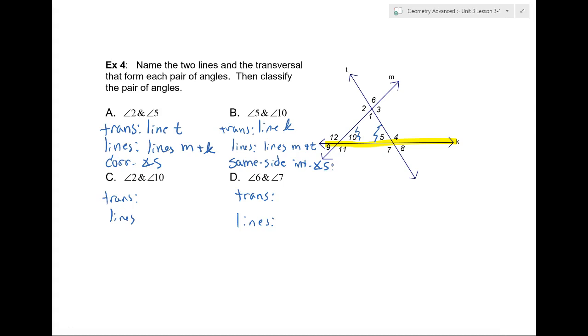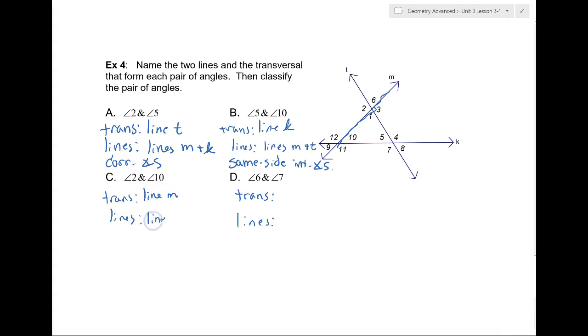All right, who's got 2 and 10 for me? 2 and 10. What is my transversal? Claudia, you said line M. Perfect. So our transversal is line M, which means my other two lines are the ones that are intersecting.